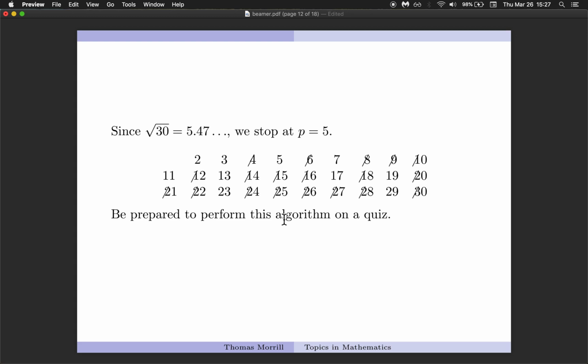So we ended up finding all of the prime numbers between 2 and 30, but we did it in a way that was very quick and didn't have us recalculating lots of GCDs and divisions over and over again. So this is the sieve of Eratosthenes, and this is, again, something that I expect you to be able to reproduce.